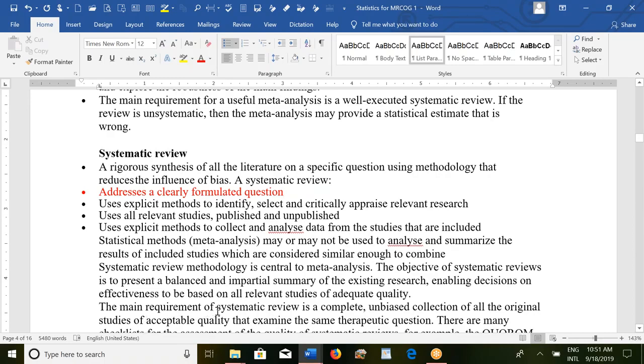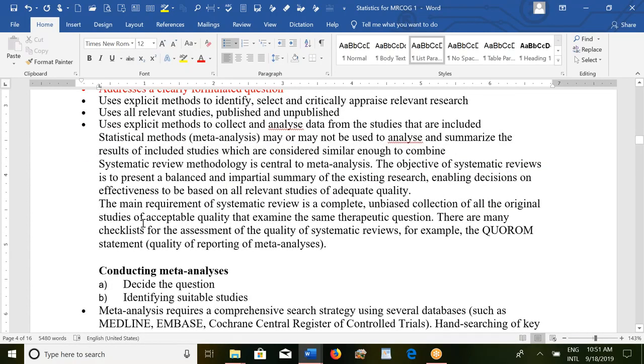This means the requirement of a systematic review is a complete, unbiased collection of all the original studies of acceptable quality that examine the same therapeutic question. You are making one question and then trying to find the answer, and there are many checklists for the assessment of quality of systematic reviews.